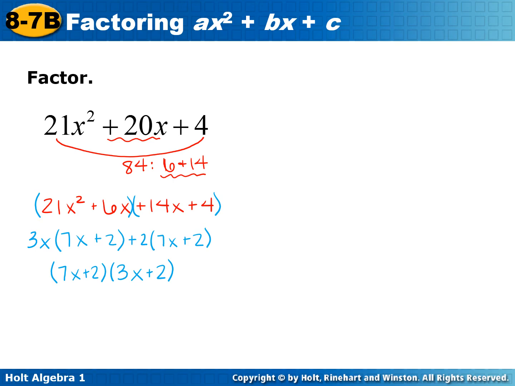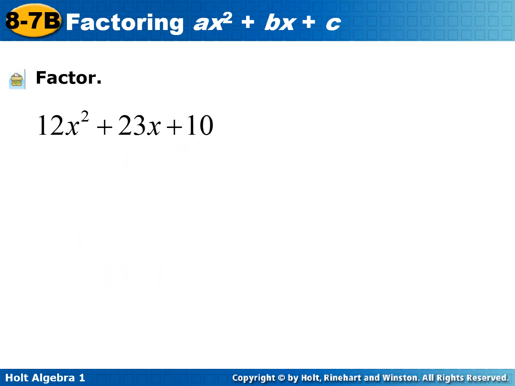Let's try another one. 12x squared plus 23x plus 10. It's in standard form. I cannot factor anything out like a GCF, so I have to go with my a is greater than 1 steps. I'm going to multiply 12 and 10, which gives me 120.